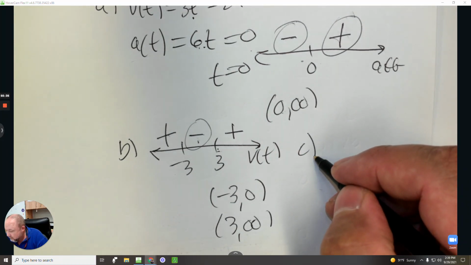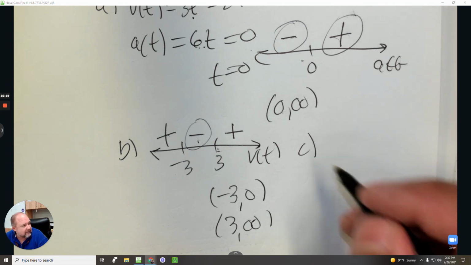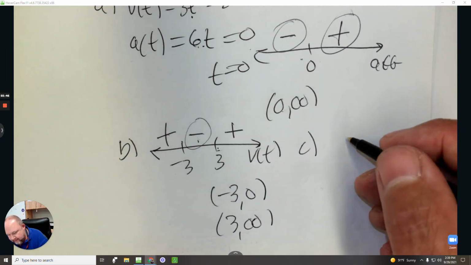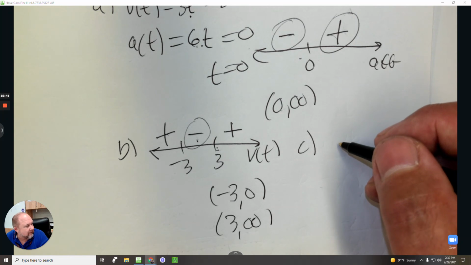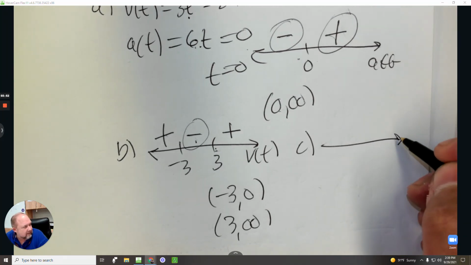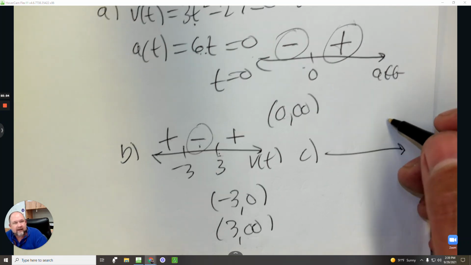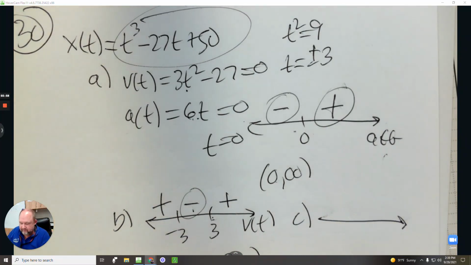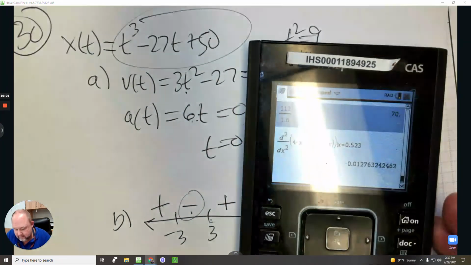Last one, when is the distance of the particle from the origin increasing? So it increases when the position and velocity have the same sign. So when I look here, the velocity again, you're going to have to take this equal to 0 with your calculator to know that.